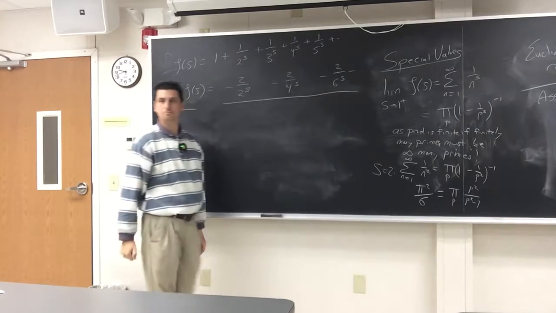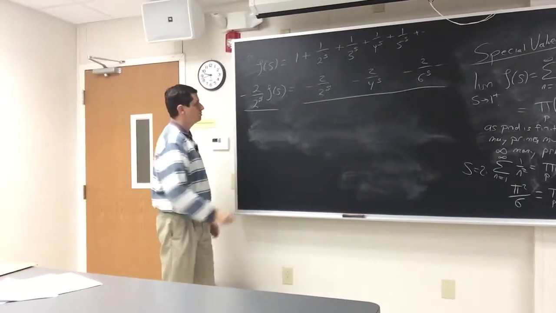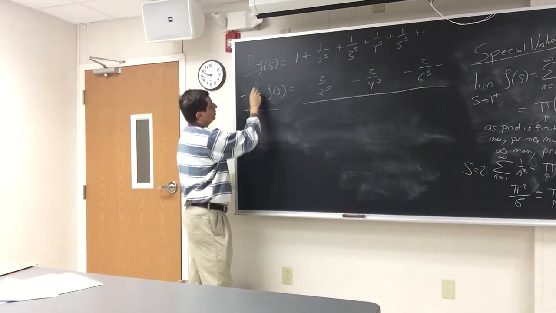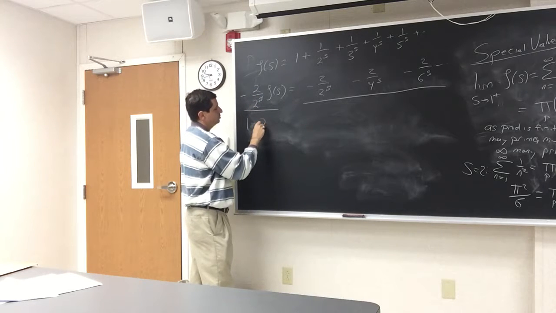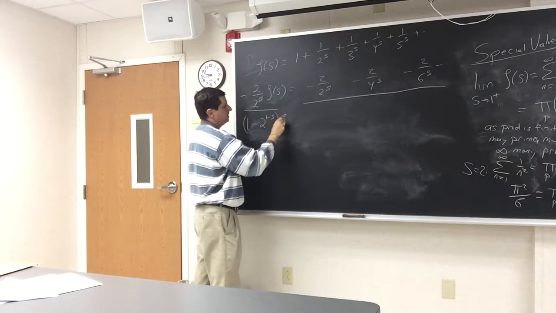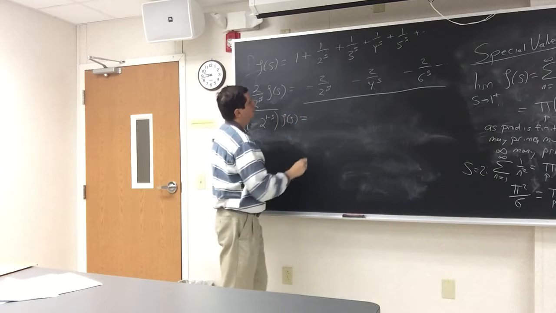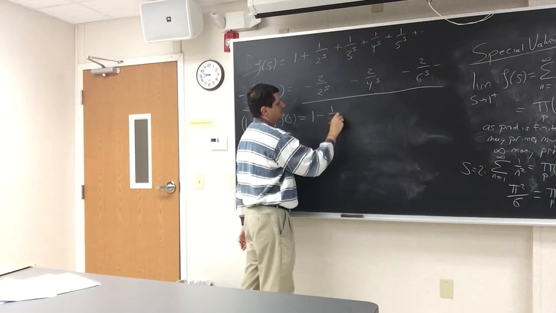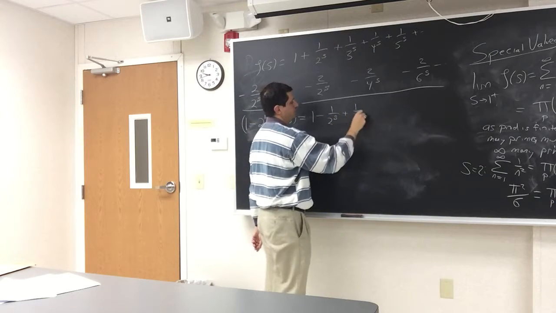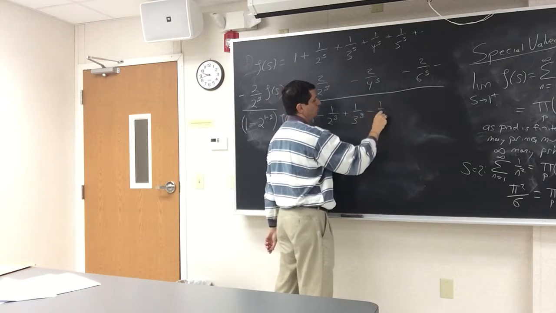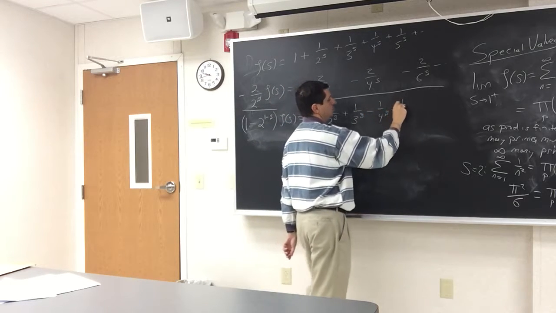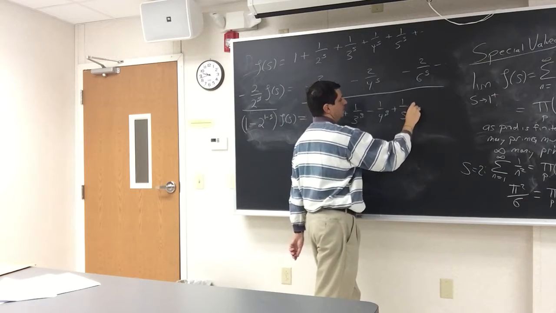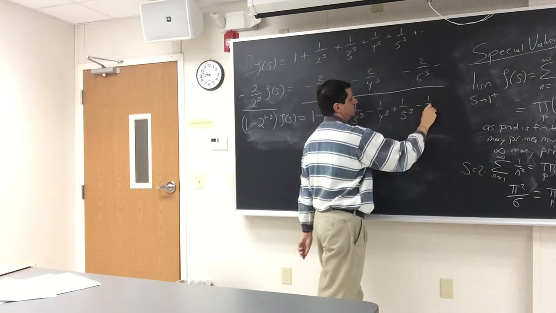So now, let's do the subtraction. We get 1 minus, 2 over 2 to the s is just 2 to the 1 minus s, times zeta of s is equal to 1 minus 1 over 2 to the s plus 1 over 3 to the s minus 1 over 4 to the s plus 1 over 5 to the s minus 1 over 6 to the s.